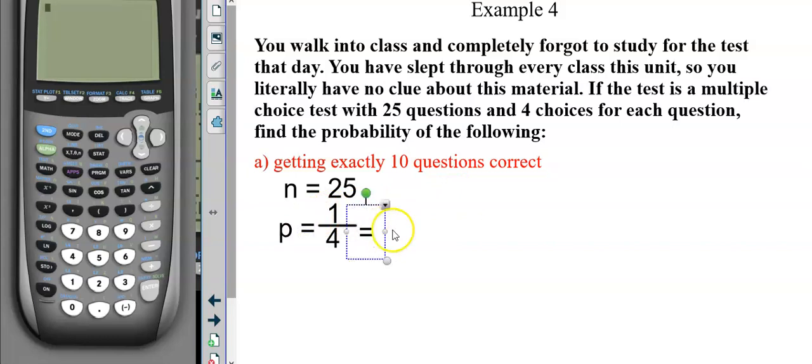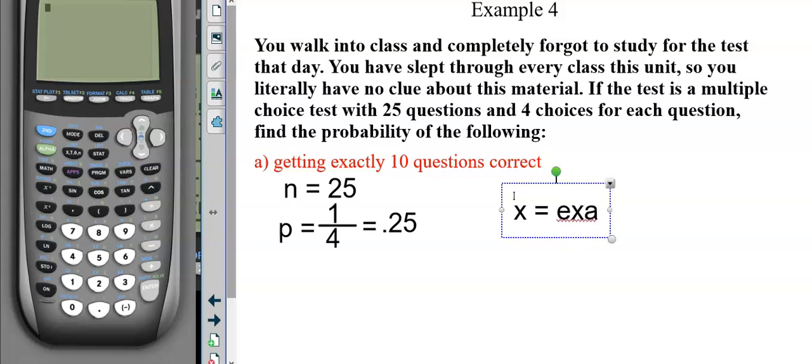And we're talking about, again, 10 questions correct. So we're talking about getting a question correct. That's the probability that we're looking at. So 1 out of 4, that's 0.25, or 25%. All right. So with this, we're trying to find the number of questions. We know x, what we're looking for, is exactly 10 questions correct.